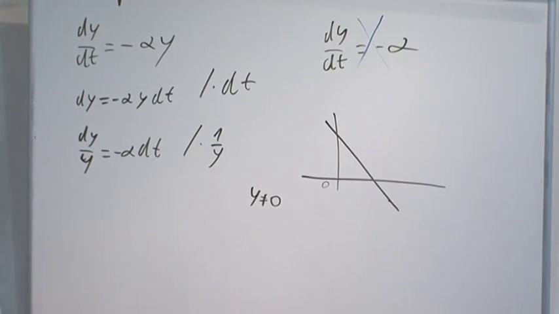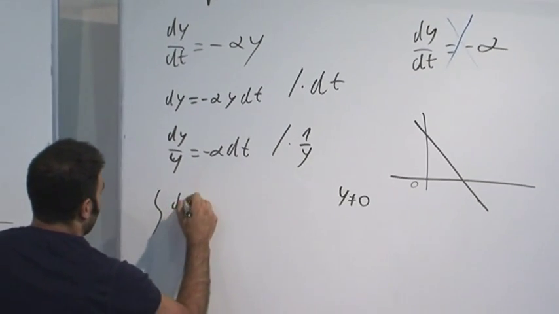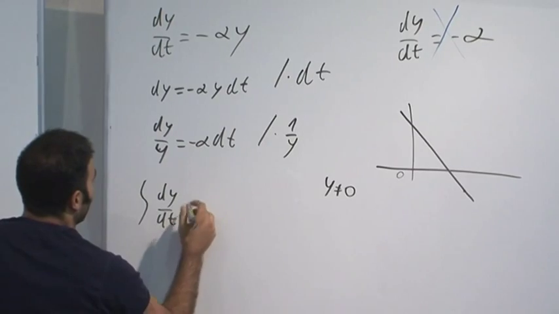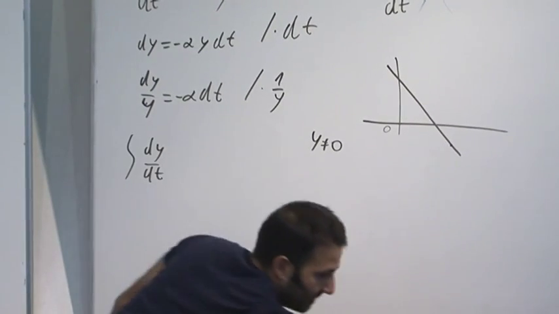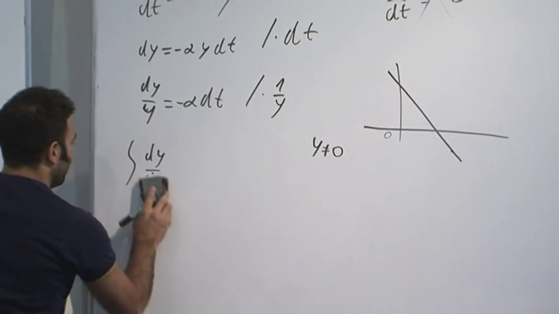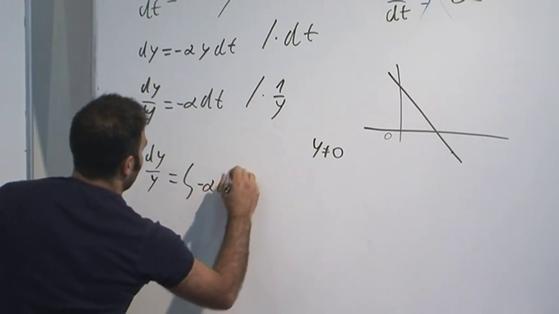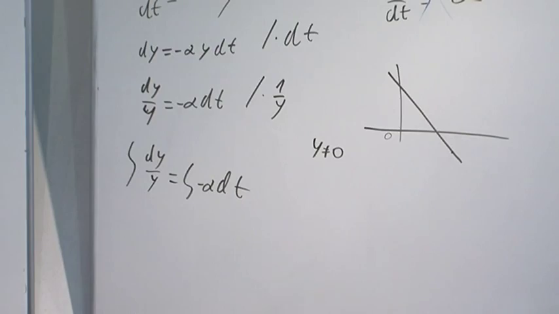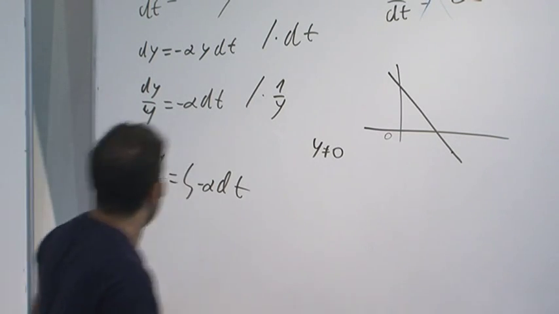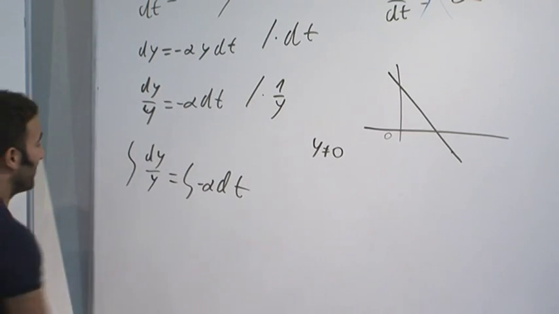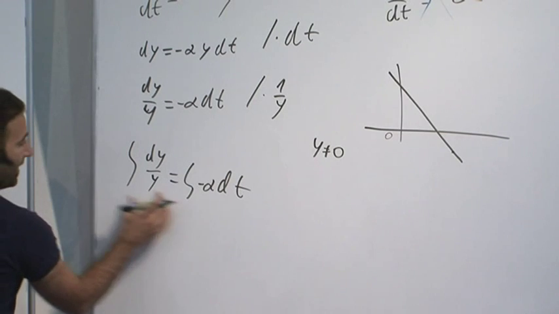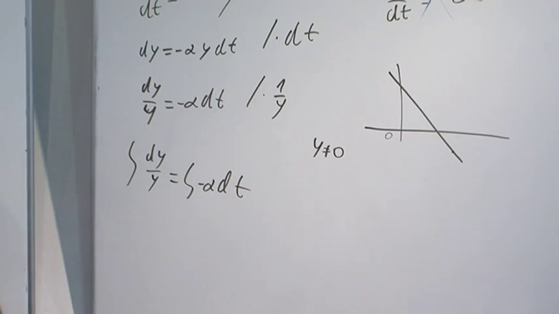So I can take the integral over both sides. Okay? And as you can see, here you have dy, here you have dt, which means here I have to integrate by y, and here I have to integrate by t.